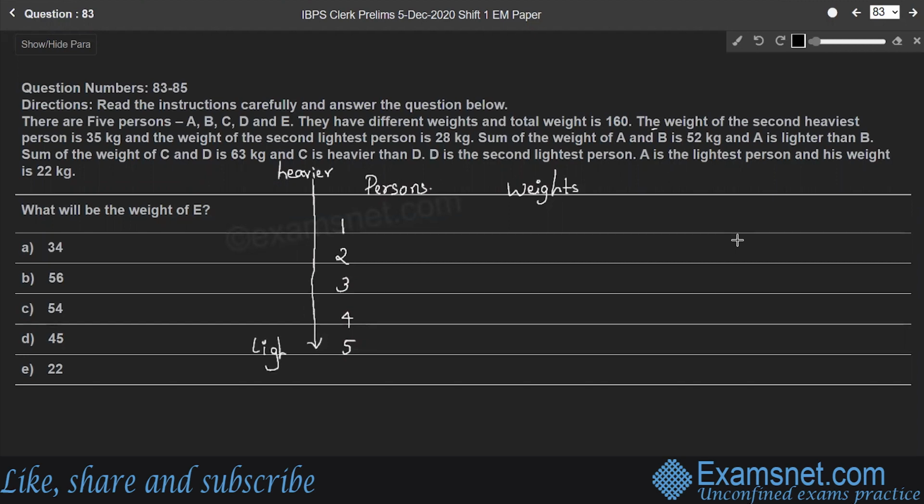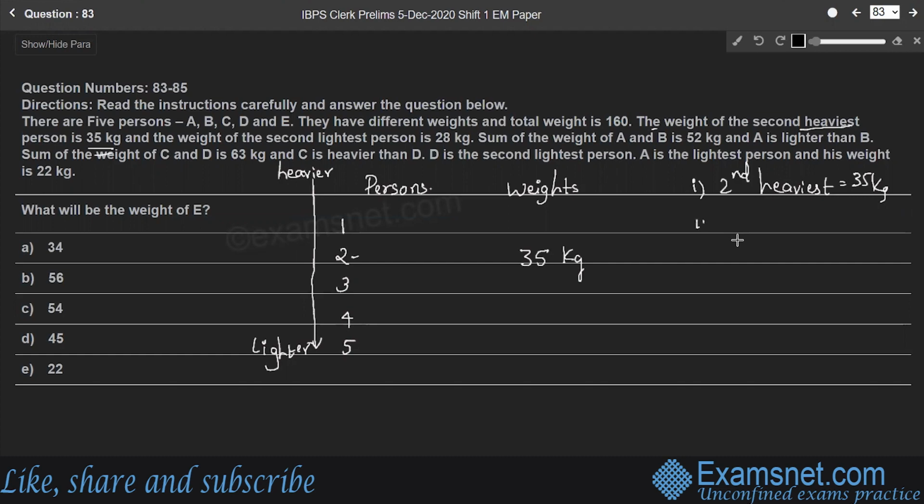So the weight of the second heaviest person is 35 kg. So the second heaviest person means the second person, 35 kg. From heavier to lighter we are arranging. So the second person weighs 35 kg.